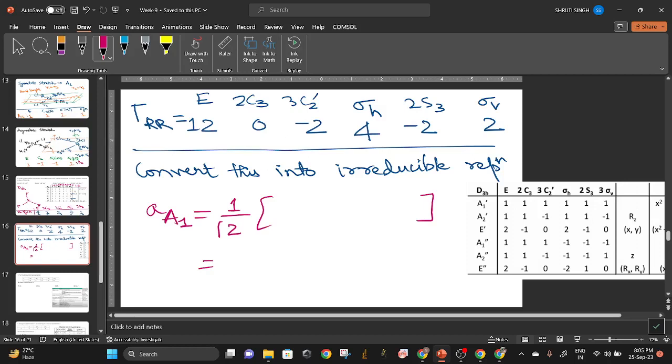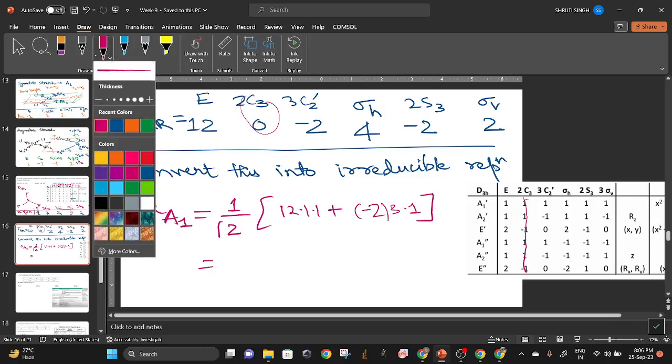What you need to do is 12 into 1 into 1 plus second term. No need to write because this is 0. If anything you multiply by 0 goes to 0. Next is minus 2, but don't forget the order. Leave this term, so you can simply tick it off. Next is minus 2, 3, 1.